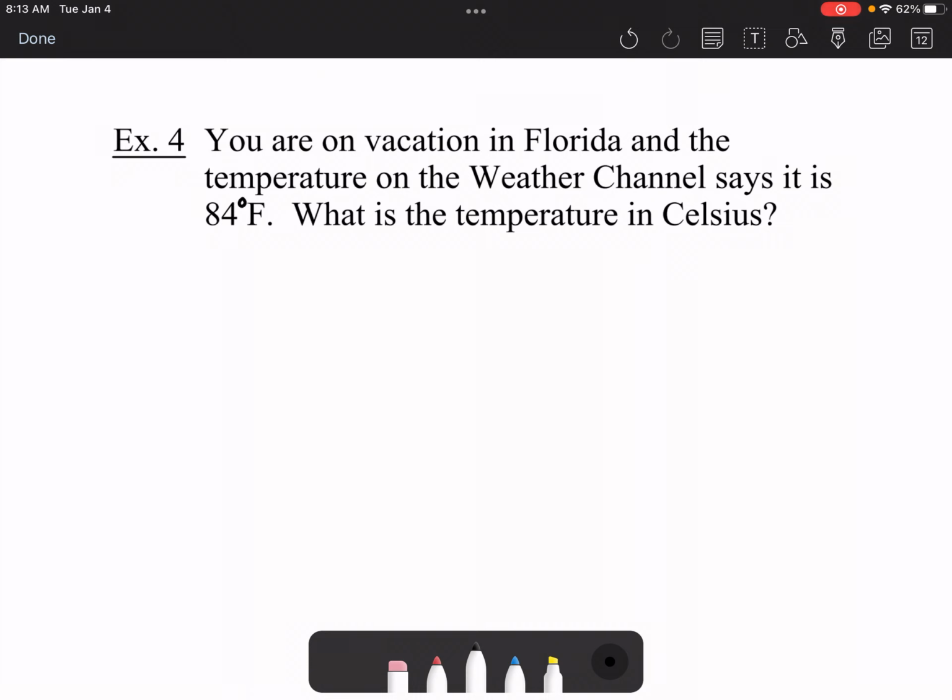So to work out Celsius, the calculation is 5/9 times (F minus 32) in brackets, where F is the measurement in Fahrenheit. So that's what I'm going to do.